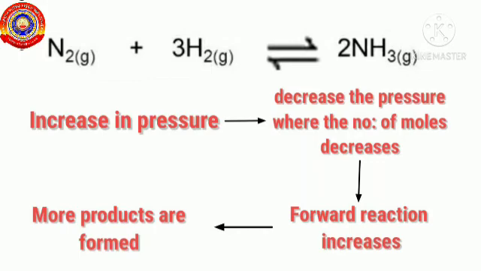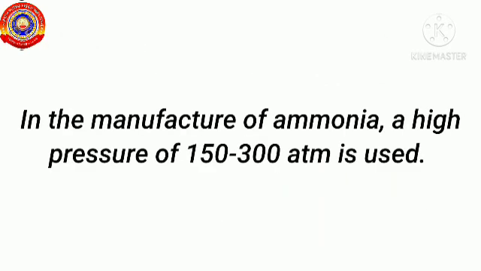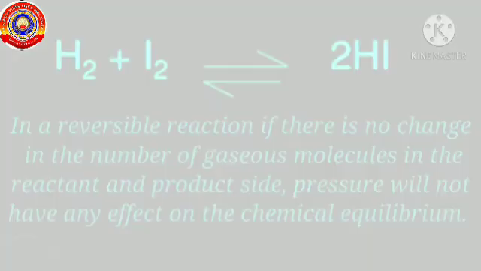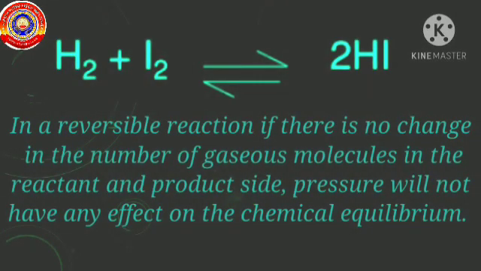The rate of forward reaction increases and more ammonia is formed. In the manufacture of ammonia, a high pressure of 150 to 300 atm is used. In the case of hydrogen iodide, since there is no change in the number of molecules of reactants and products, the pressure will not have any effect on this chemical equilibrium.